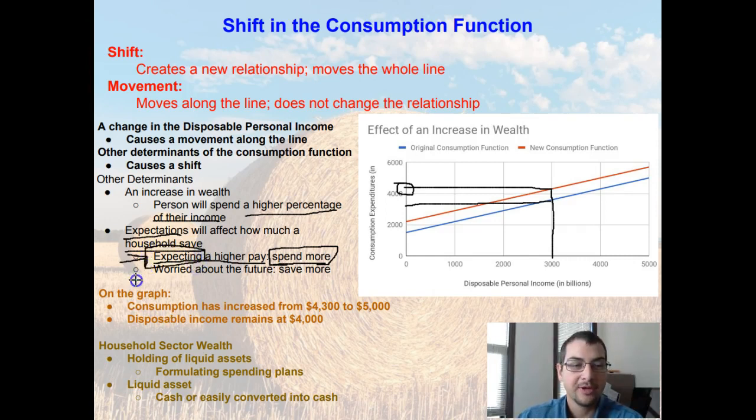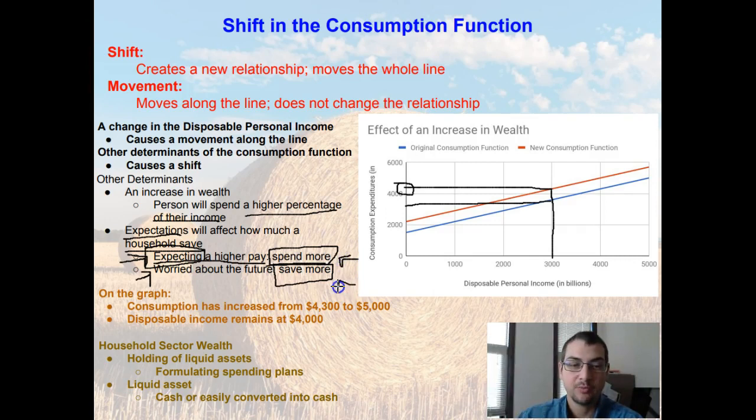Or let's say you're worried about the future. You're worried about losing your job. Well, even though you have it and your income hasn't changed yet, you might be willing to save more because you're worried about the future. So positive expectations are going to encourage you to spend more.